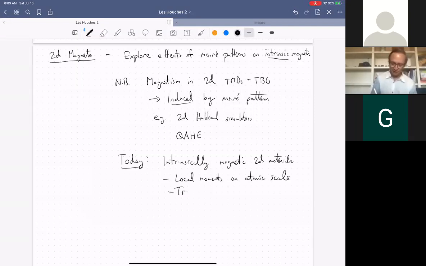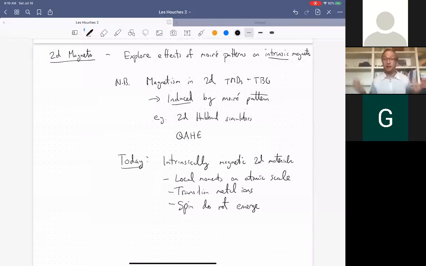They involve transition metal, real transition metal ions that house those moments. So the spins do not emerge. I mean, admittedly, they emerge on the scale of atoms, but they don't emerge on the Moire scale.